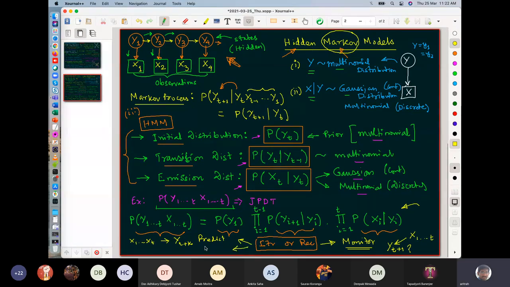From this model, I can also get hindsight. Hindsight means you observed many things, and now you want to predict some intermediate state. So I observed x1 to xt, and I want to predict a state which is k less than t, somewhere in between. All these activities I can easily do if I have this model, and I can have algorithms for each of them to do it very meticulously.